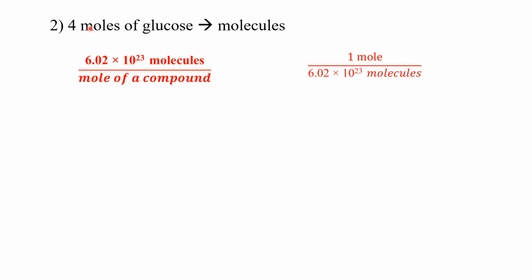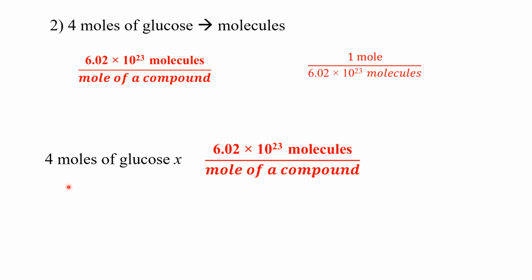Think of a factor that contains mole in the denominator so that what remains is molecules. So which factor is that between the two? This one. Together, the given times the factor. The given is mole. Your factor contains mole in the denominator. They cancel out. Molecules remain. So this is going to be your answer. Next number.